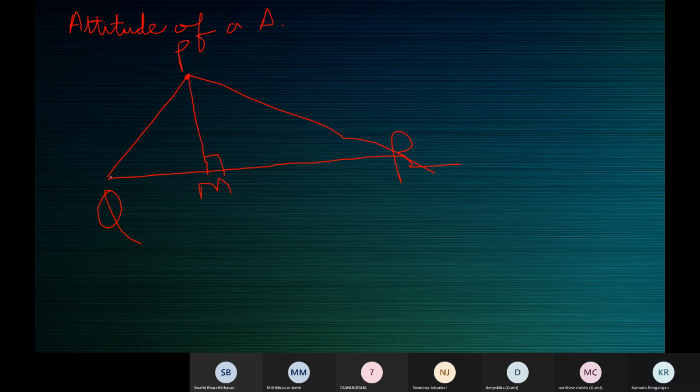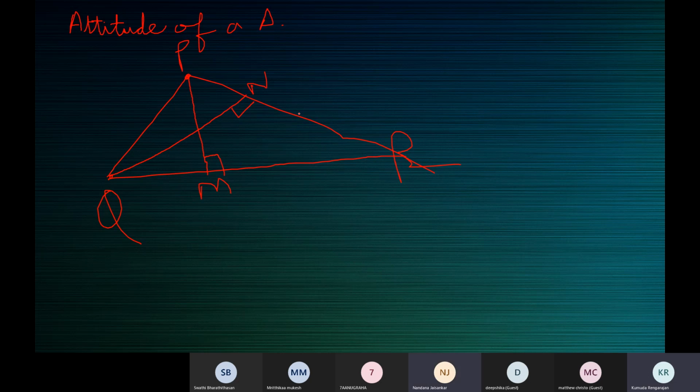Next. Take the vertex Q and QN. QN is a line segment from the vertex Q perpendicular to the opposite side PR.